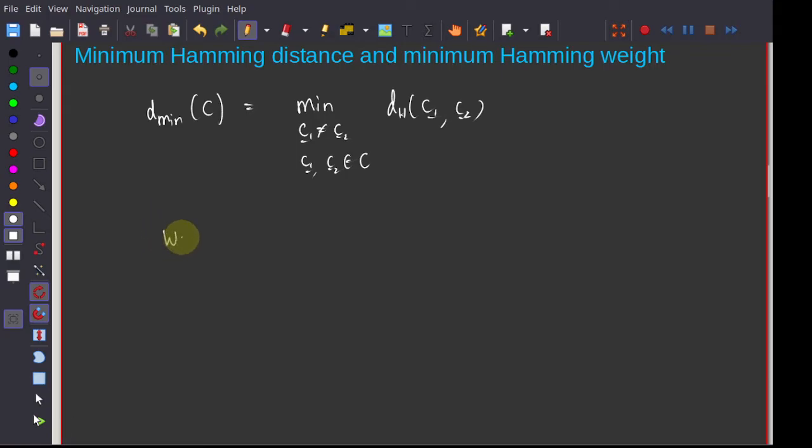So similarly, we can define the Hamming weight of the code as the minimum over all possible code words C not equal to 0 of the Hamming weight for non-zero code words.